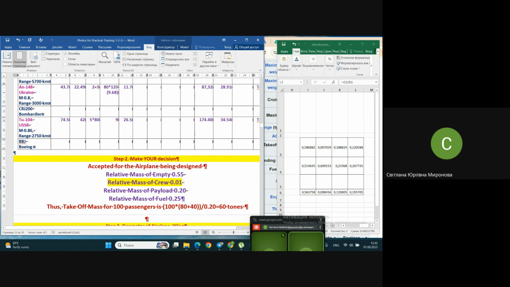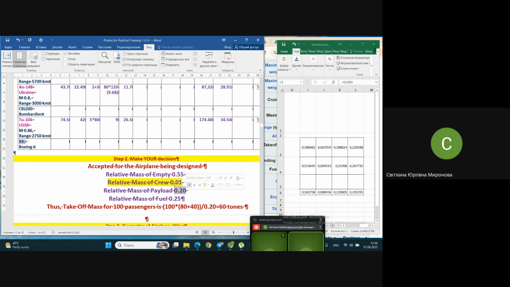Payload, only 1/5 of the airplane, and maybe it will be less after we calculate it, maybe it appears that the airplane will be lighter or heavier, and payload relative mass will be changed. Right now think that it will be 0.20, 20%. Fuel for appropriate range, let's think it's 0.25.